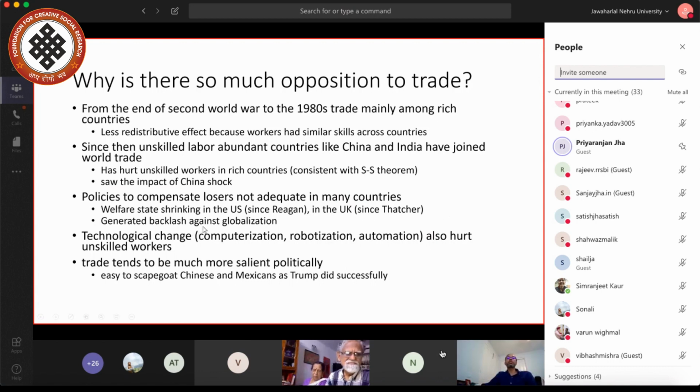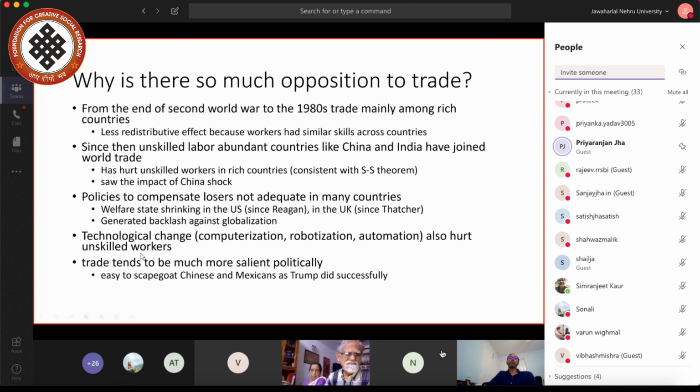So this has generated a backlash against globalization in many countries and gave rise to Trump in the US and Brexit in the UK and so on. And as I have said earlier, things like computerization and robotization also lead to job destruction and hurt unskilled workers.